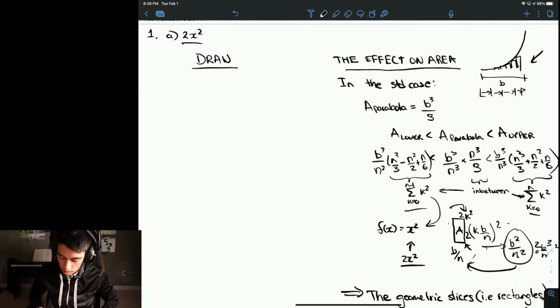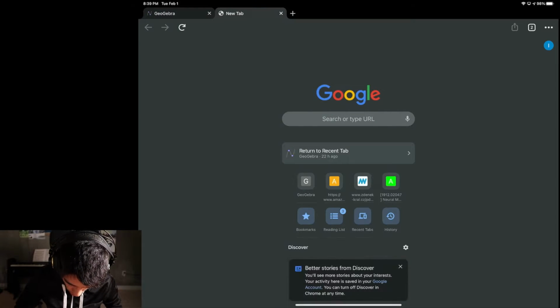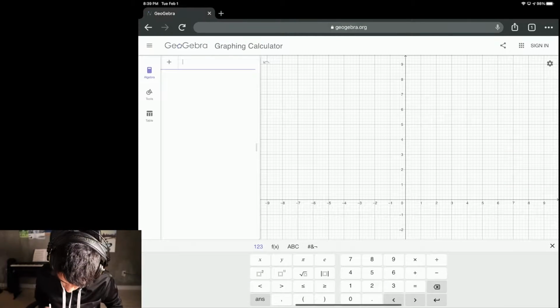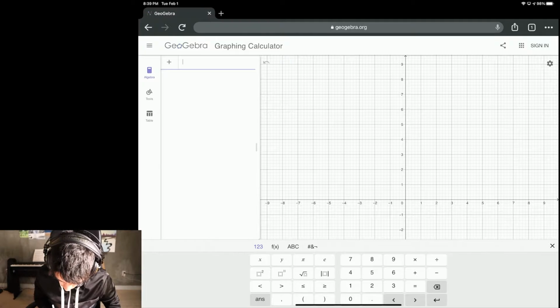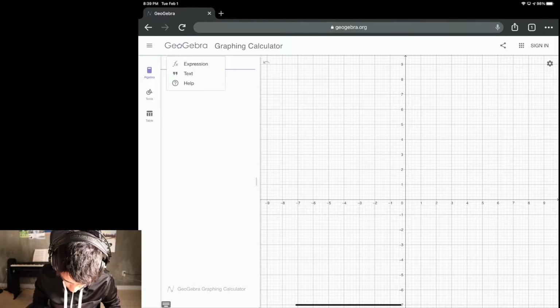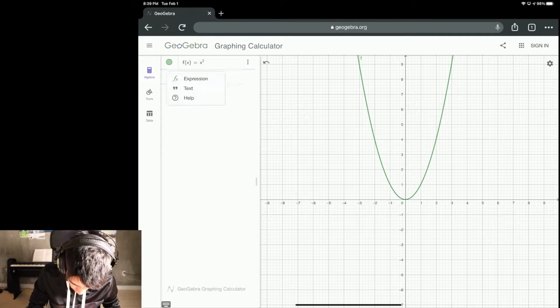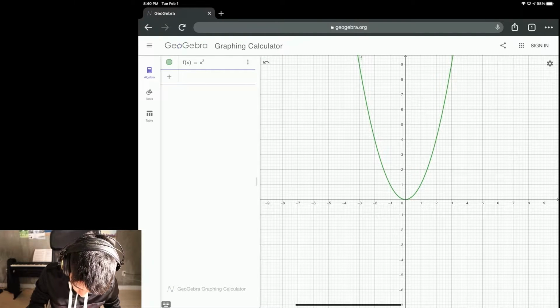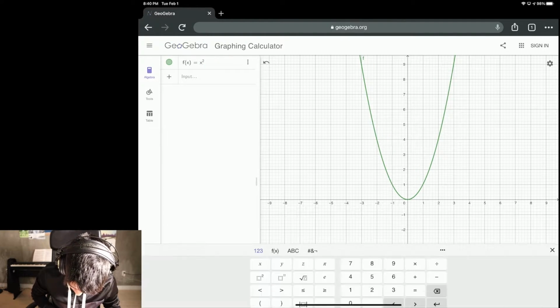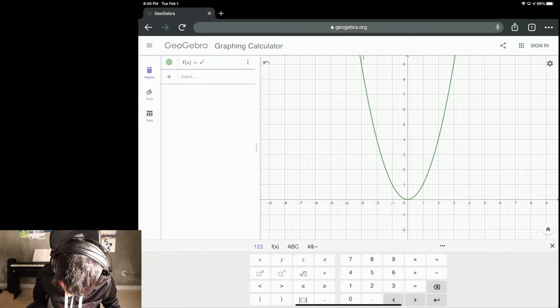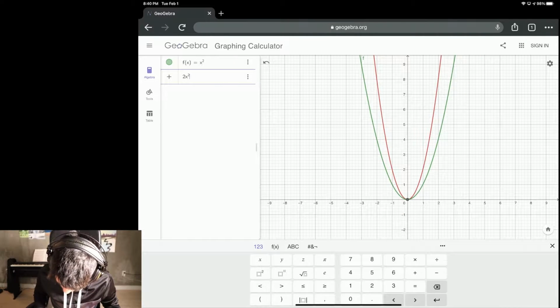And to check that that's actually true, we can draw it and check the intuition, but rather than drawing it, I'll just go to GeoGebra. We will plot it here where x squared is the initial parabola, and then we will model 2x squared.